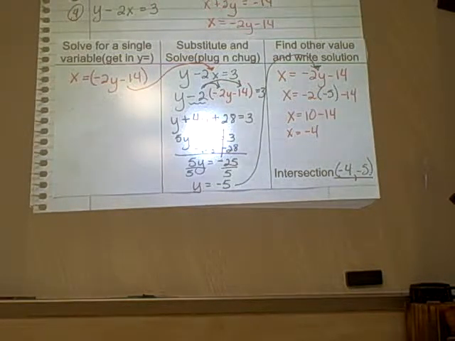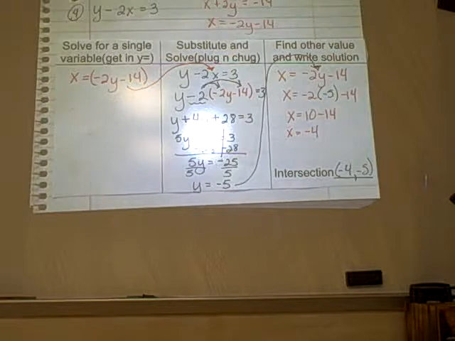Okay, so I want you to look at number 2 on your homework. Which one's going to end up being the bread of the sub sandwich? The second one, because it's already solved for x. On the homework, the one that says A 6-3.